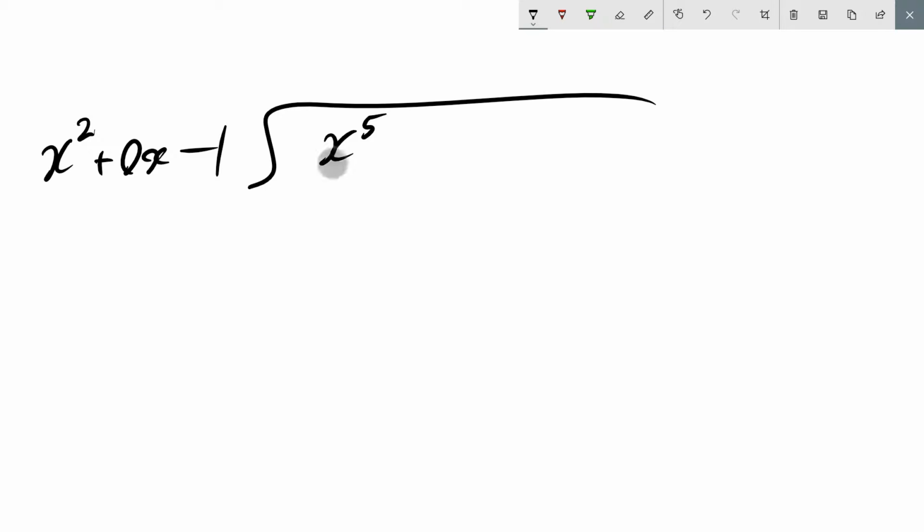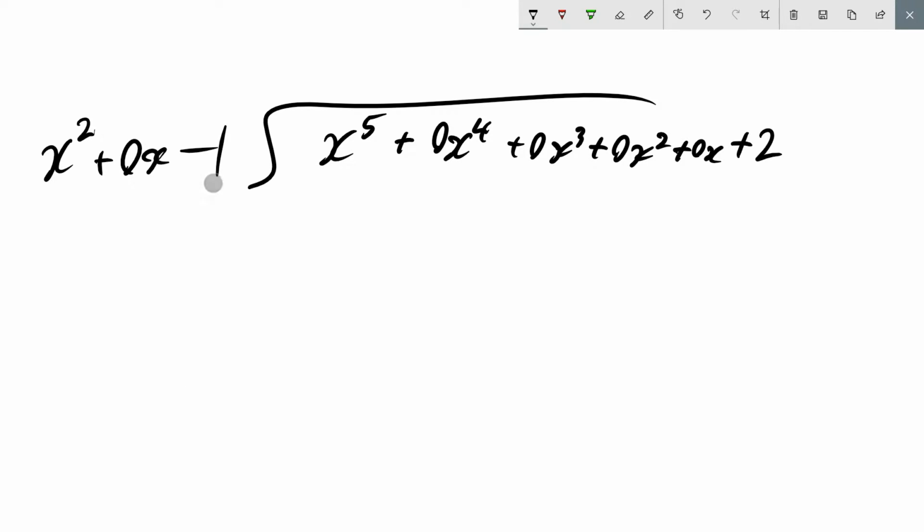Now, because it's x to the 5 and I have a constant term right over here, I'm going to have to add a 0x to the 4, a 0x to the 3, a 0x squared plus 0x. I'm going to have to go through this process quite a few times, but I do have a lot more terms, so the process is going to be slightly quicker.